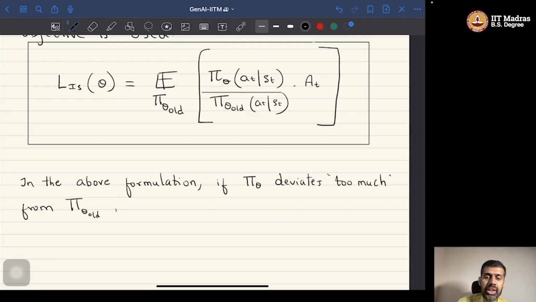Now recall what's happening. We get the trajectories from pi theta old, which is a fixed policy, and then update the parameters of the policy given by pi theta using gradient descent, right?